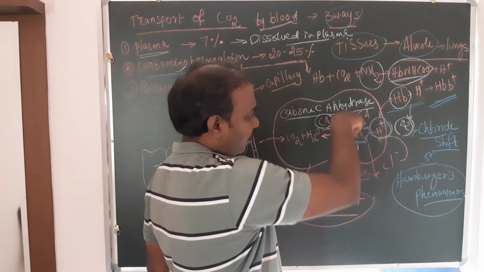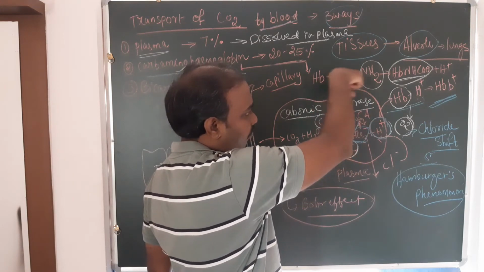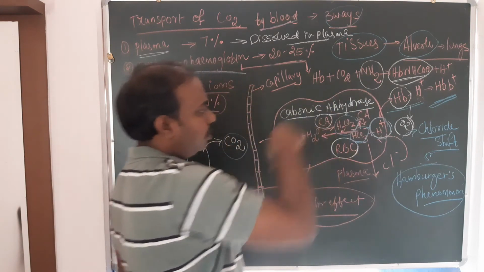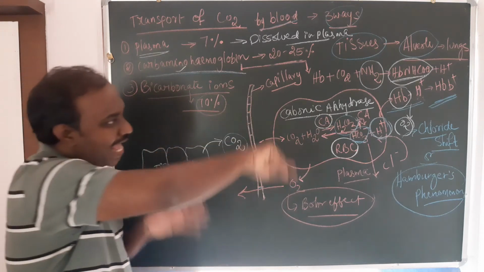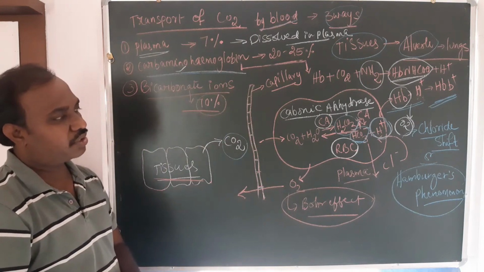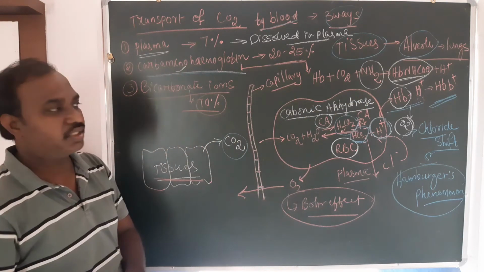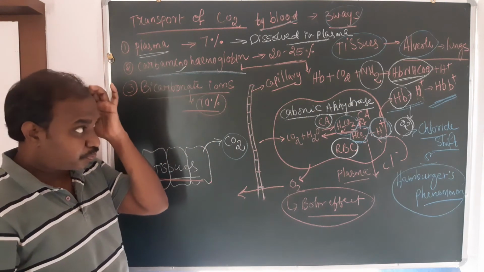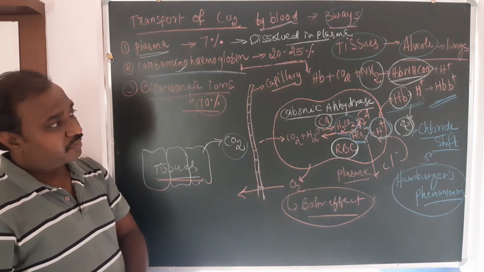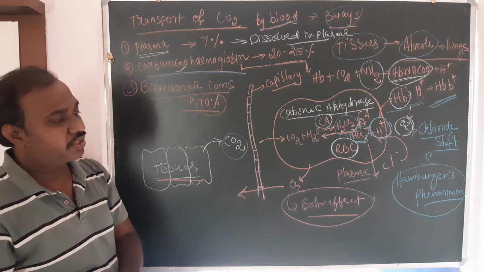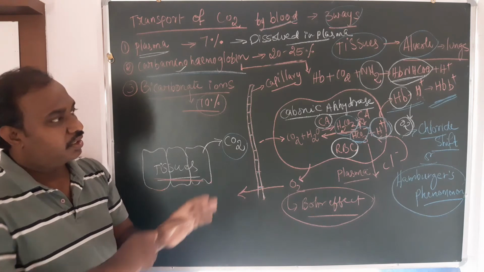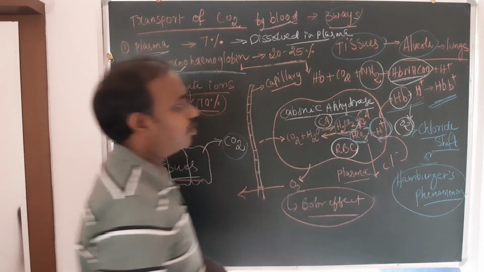Now this hemoglobin is being taken to the alveoli. Once it reaches the alveoli, there the conditions favor the dissociation of the bicarbonates.